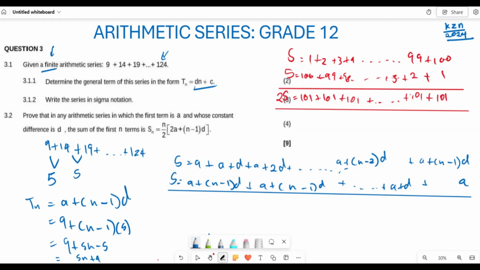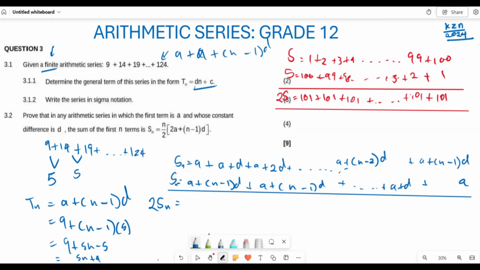Can you see that this is the sum of n terms? If I add my Sn and my Sn here, if I want to add these two, I'm going to have 2Sn. So which means now my 2Sn is going to be the same as what? Now I am going to add my A plus A plus (n − 1)d.